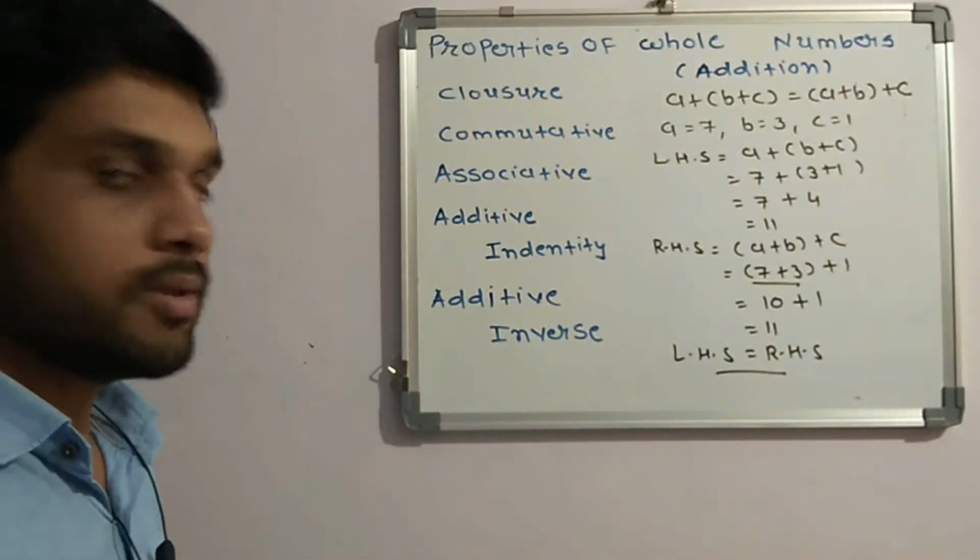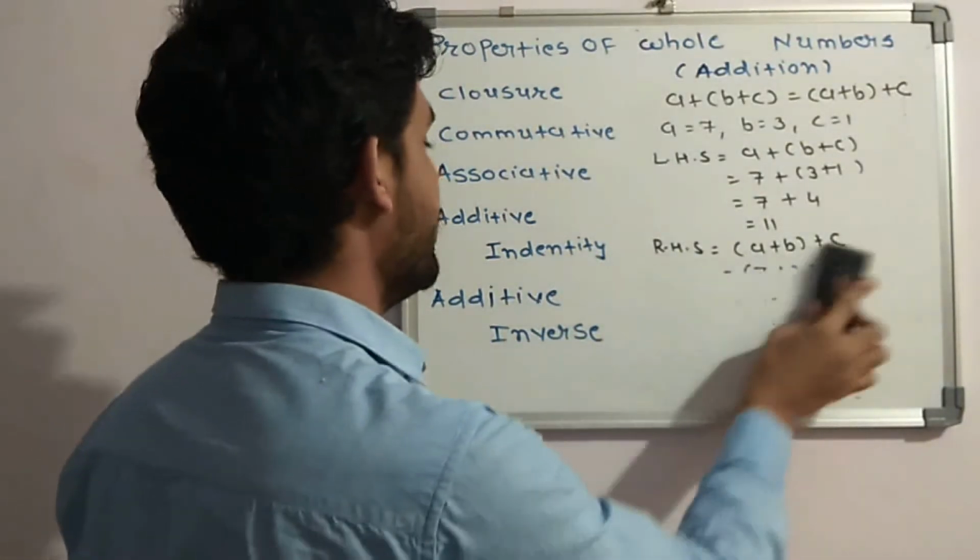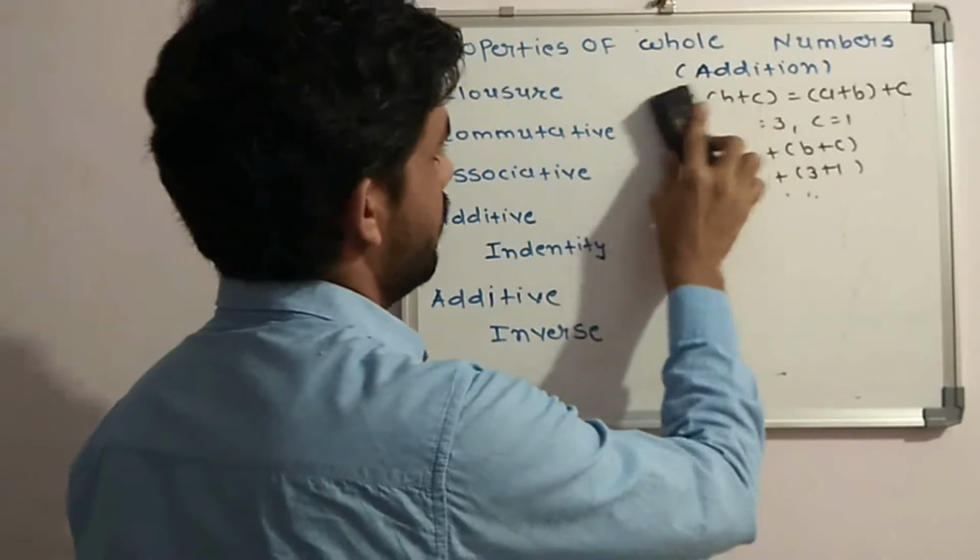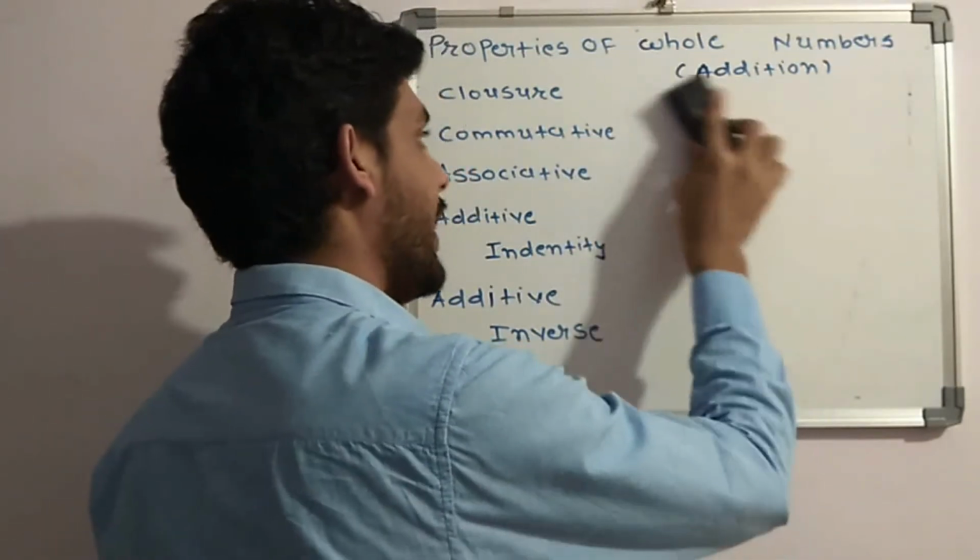Now let me discuss another two properties, that is additive identity and additive inverse. Now what is the meaning of additive identity?